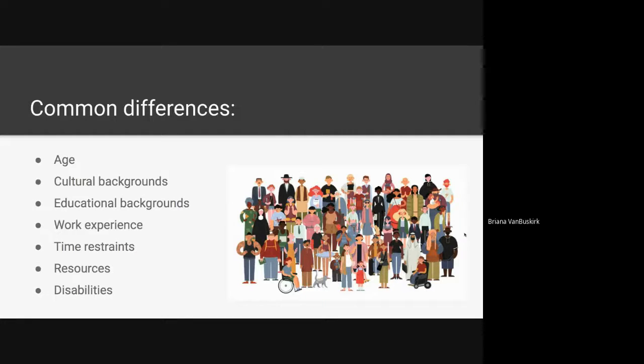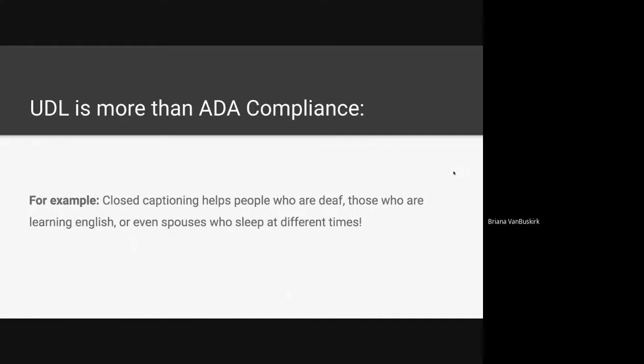But throughout all people in general, we all have these common differences and things that we come to the table with, other than disabilities. So for example, your class can be a UDL classroom, but it doesn't necessarily mean that it's ADA compliant, although some of the same concepts apply to both.